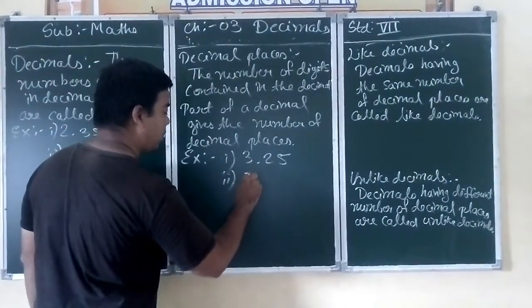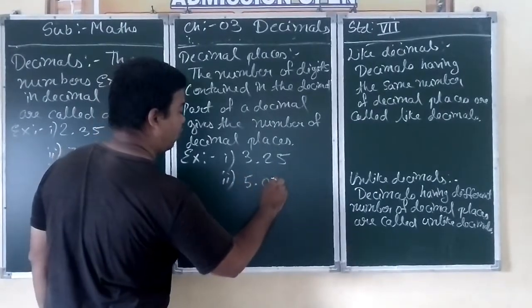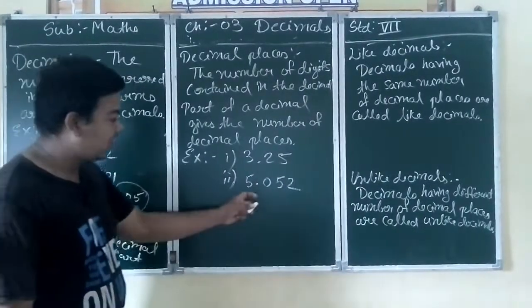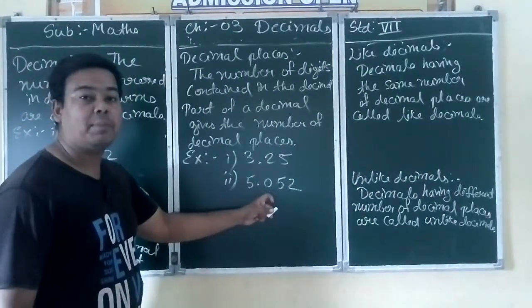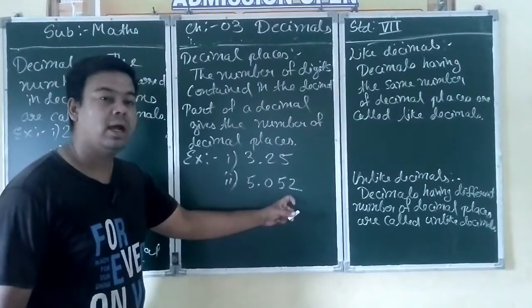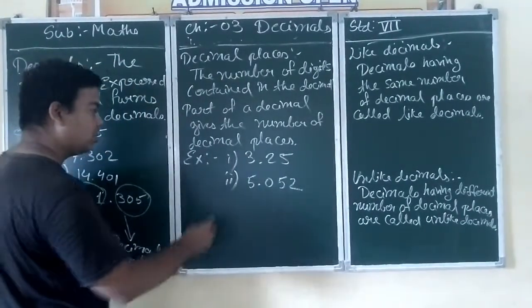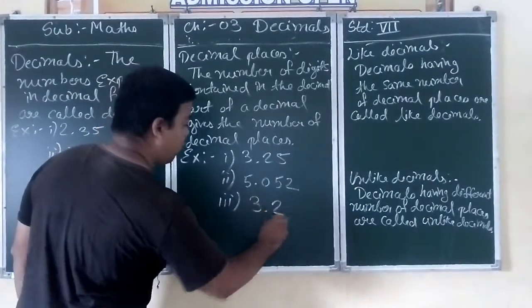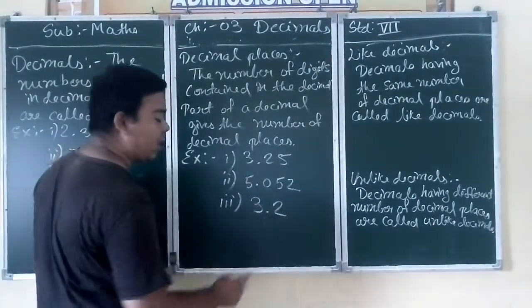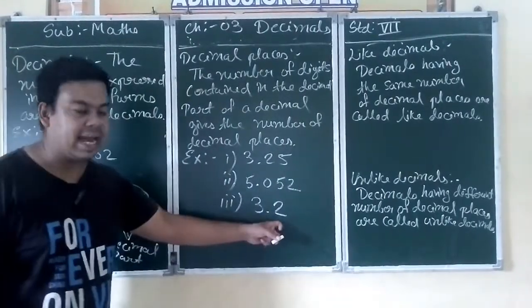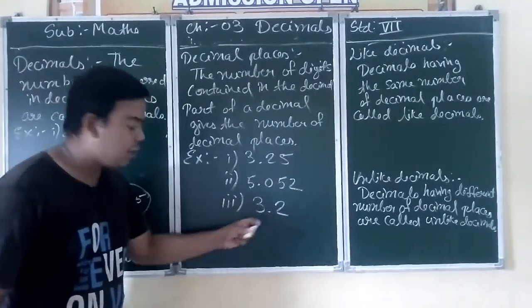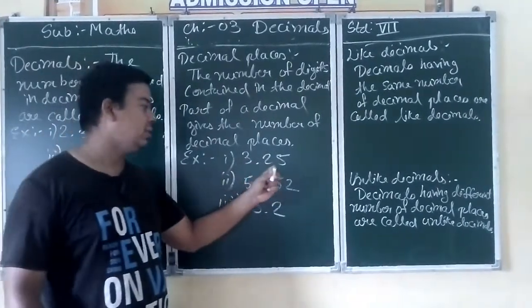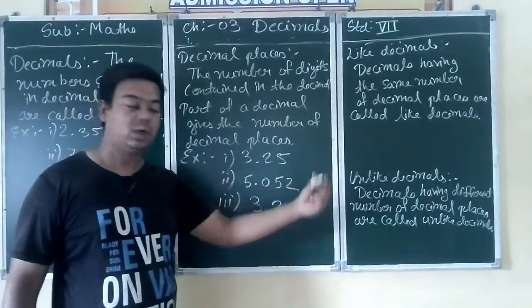Then 5.052: after the decimal point, tens, hundreds, thousands. And 3.2: after the decimal point only one digit, so only tens.